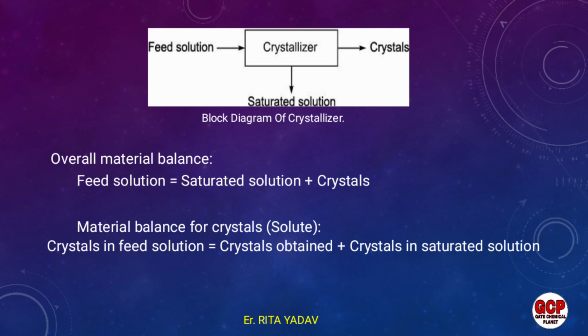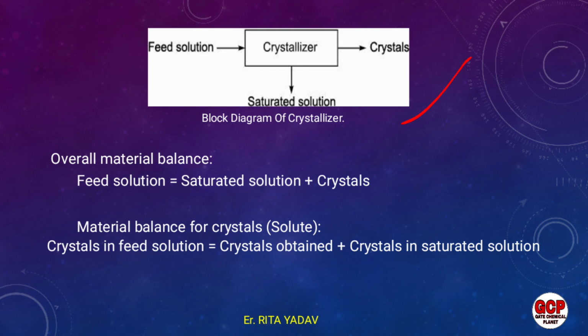Now students, it is important to draw the block diagram of the crystallizer. This is the crystallizer in which the feed solution is coming, and in the crystallizer some crystals are formed and we get the saturated solution. So how will we apply the overall material balance?